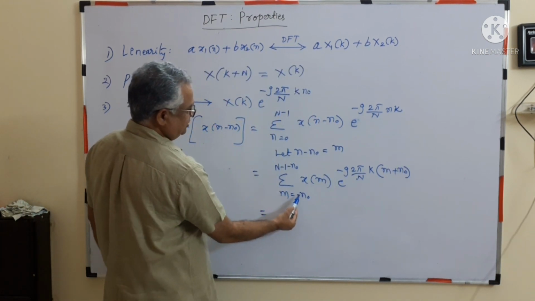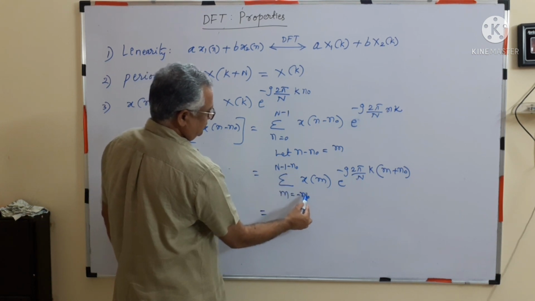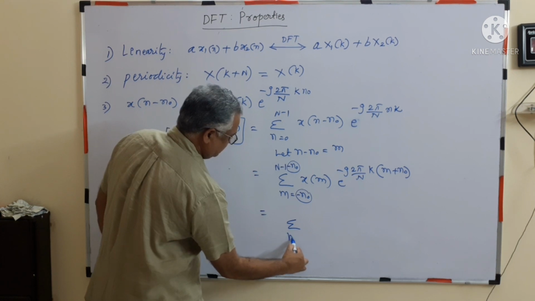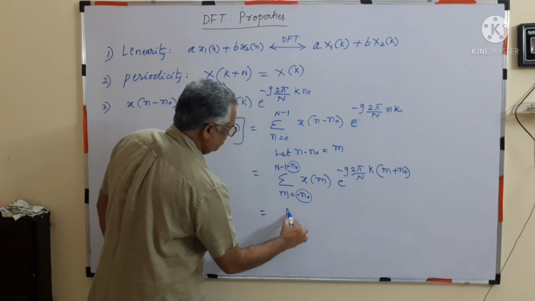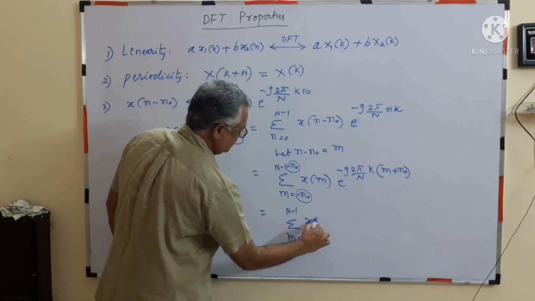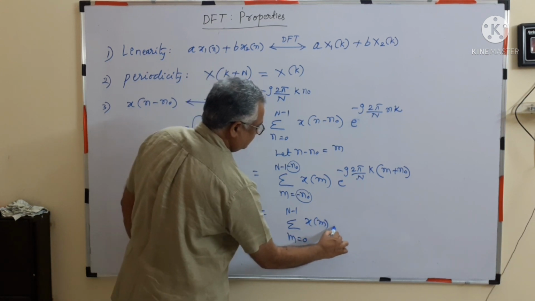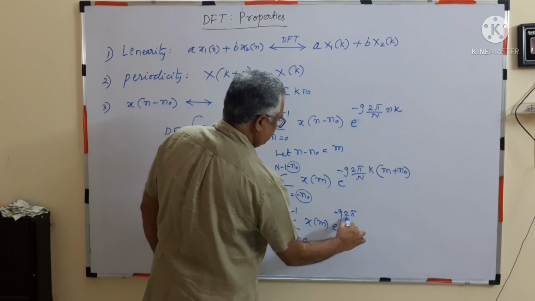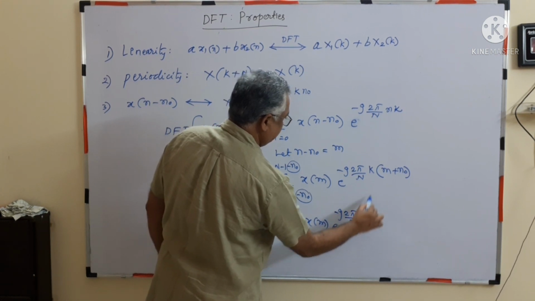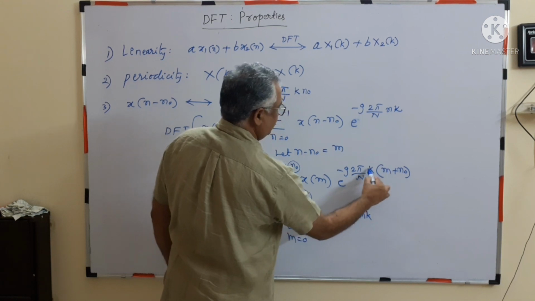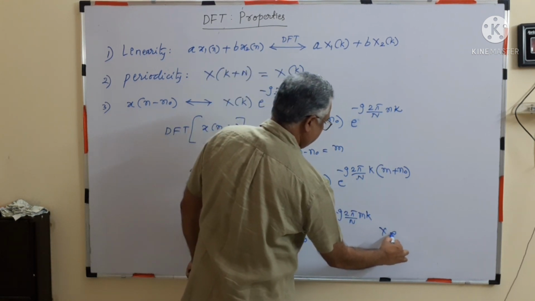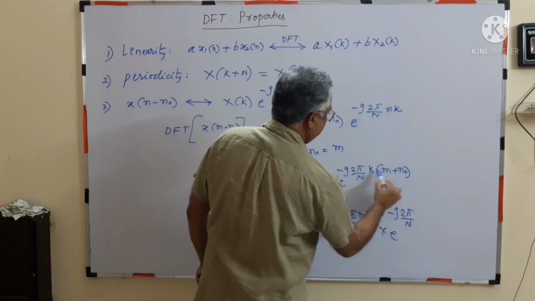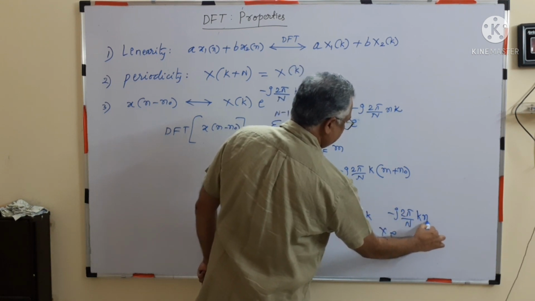So we can change the limits, removing the minus n naught. It is the same as the sum over m from 0 to N minus 1 of x of m e power minus j 2 pi by N m k, into e power minus j 2 pi by N k n naught.